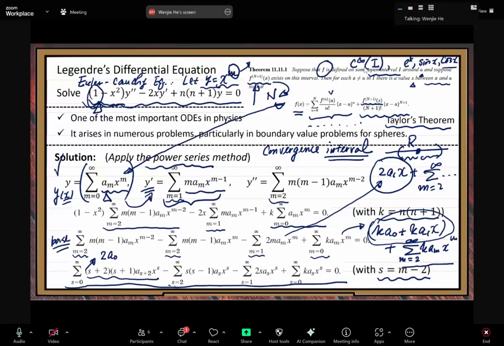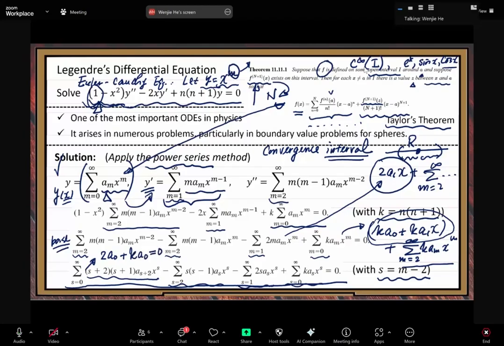Because s must be 0, we skip this summation, because there is no contribution from that summation. Starting from 2, no contribution. Starting from 1, no contribution for s equal to 0. Then one term contributes: s equal to 0, K times A0. That equals 0.